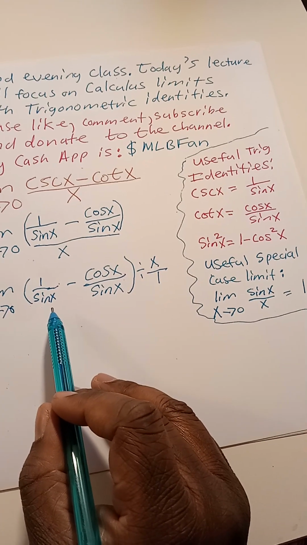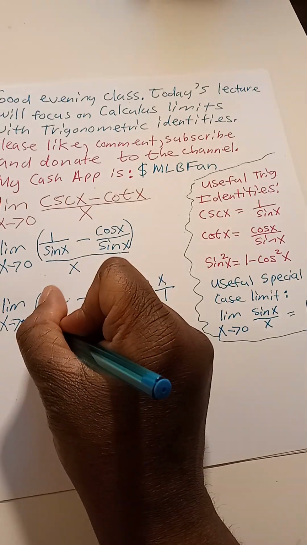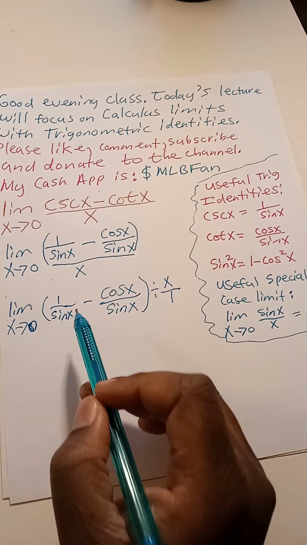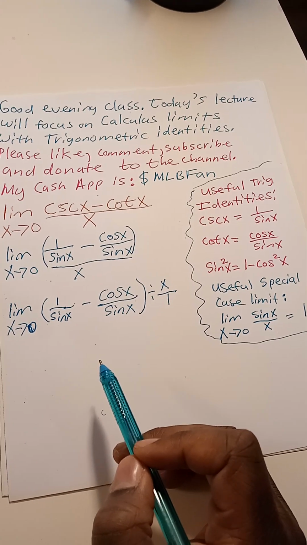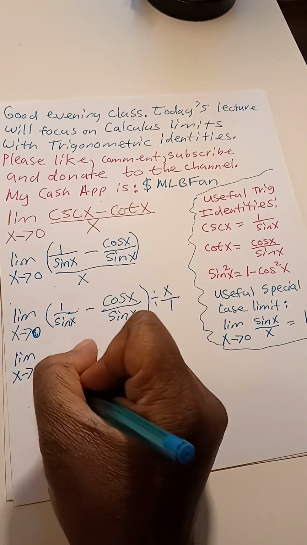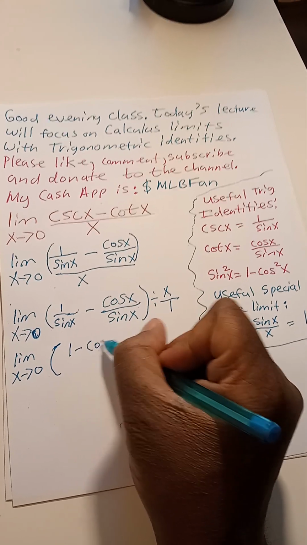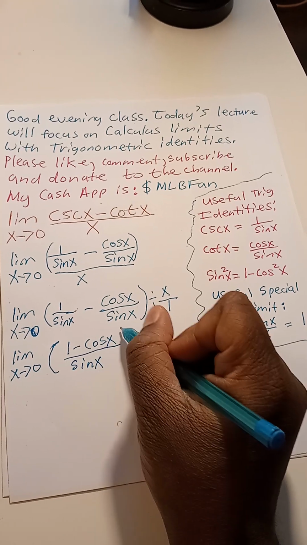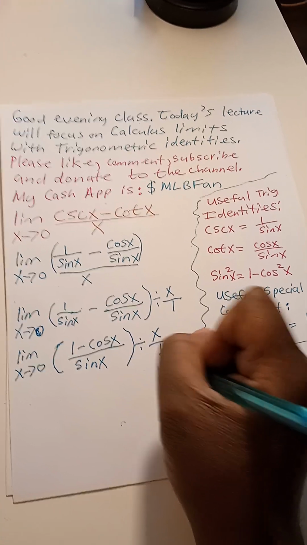Now we see in parentheses they both have the same denominator, so we can bring this together. So the limit as x goes to 0 of 1 divided by sine x minus cosine x divided by sine x is equivalent to 1 minus cosine of x divided by sine x, and then divided by x divided by 1.